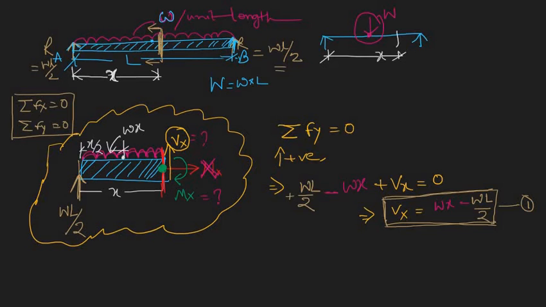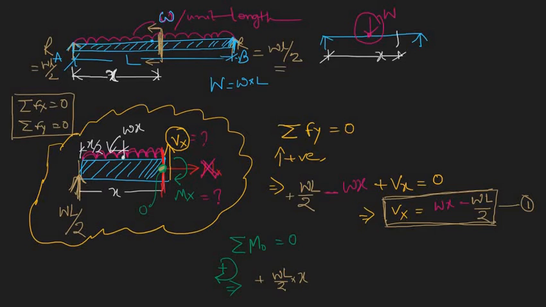Let's say this is point O. Summation of moment about O is equal to 0, and we are considering everything clockwise as positive. This gives us the moment due to WL by 2. This is clockwise about point O, so plus WL by 2 times x.